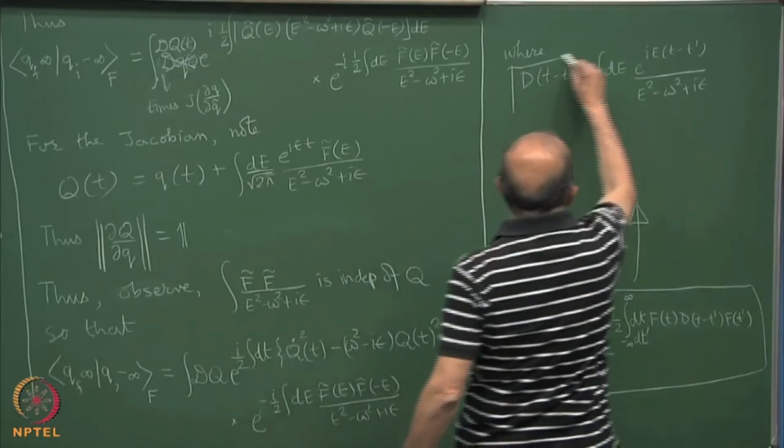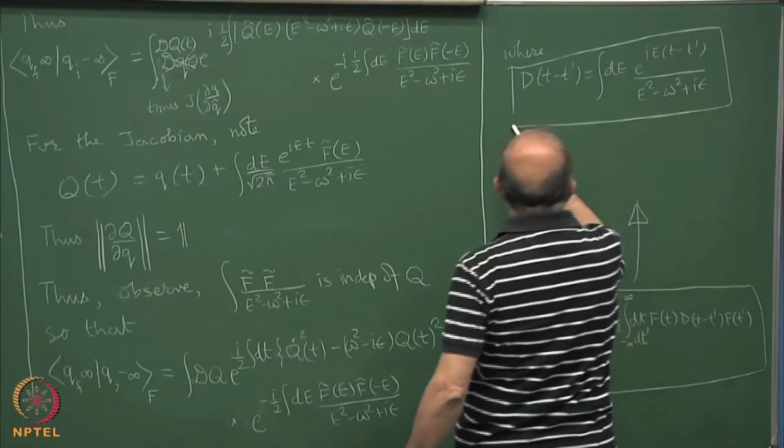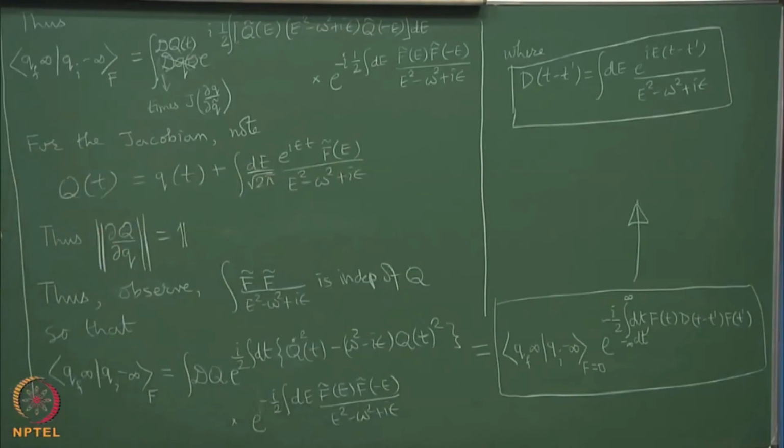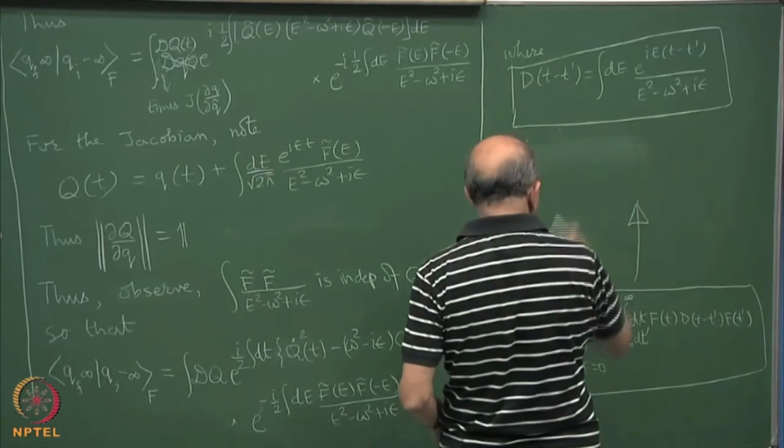And this is for the forced harmonic oscillator. So sometimes we will write a short form for it, which is also equal to, right, this arrow goes there.